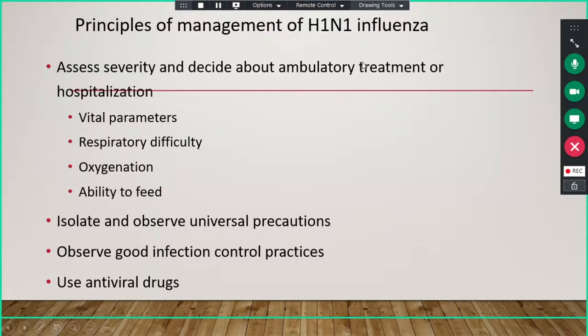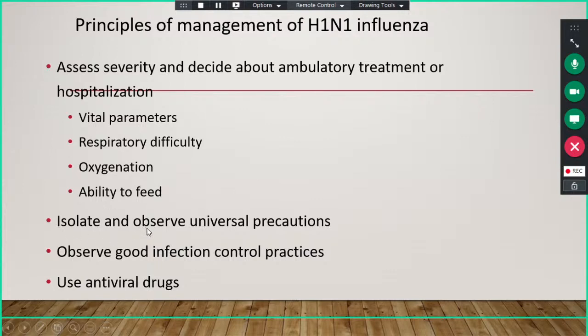Principles of treatment of influenza infection, specifically H1N1: assess severity, and decide whether the patient can be treated on an ambulatory basis or needs hospitalization. This is based on checking the respiratory rate, heart rate, blood pressure, looking for respiratory difficulty, hypoxia, and, if it is a small child, whether the child is able to take orally or feeding well.